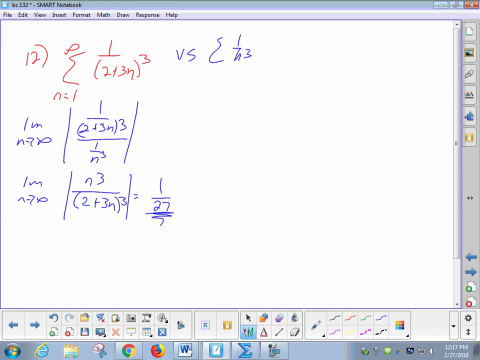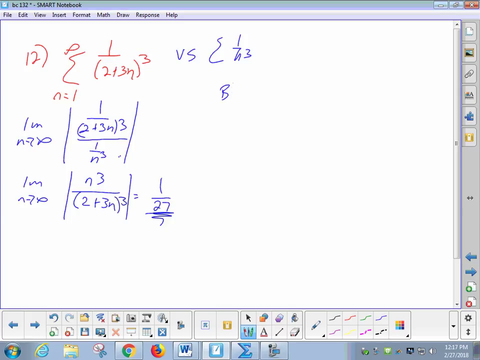Okay? Now that is finite, which is to say that you could say the p-series here is 27 times as big, but they converge or diverge the same way, or their terms approach 27 times as big.